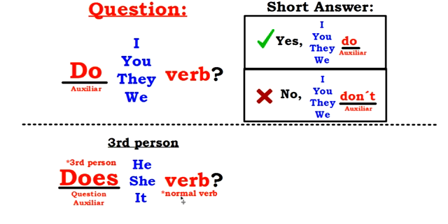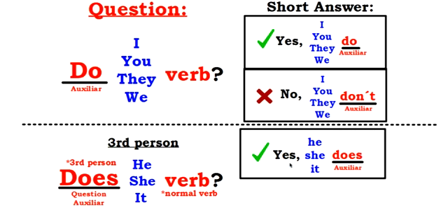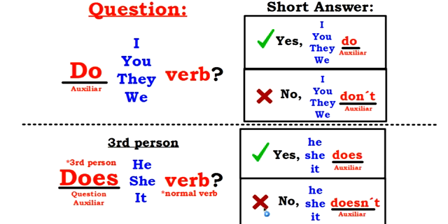And remember, we use the normal verb, no S. The third person conjugation is on the question auxiliary. For example, does. Now, when we say yes to the question, we say yes, the subject, and does. Again, the auxiliary. And no, we say no, the subject, and doesn't, the negative auxiliary.